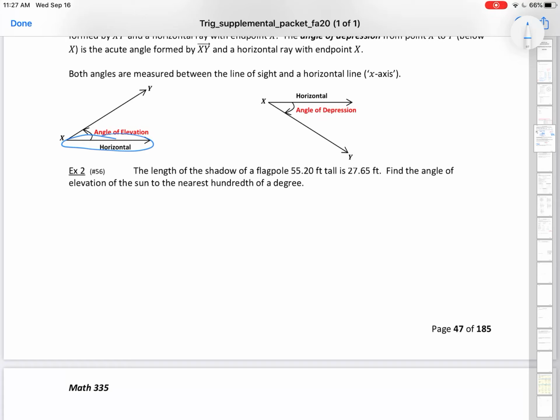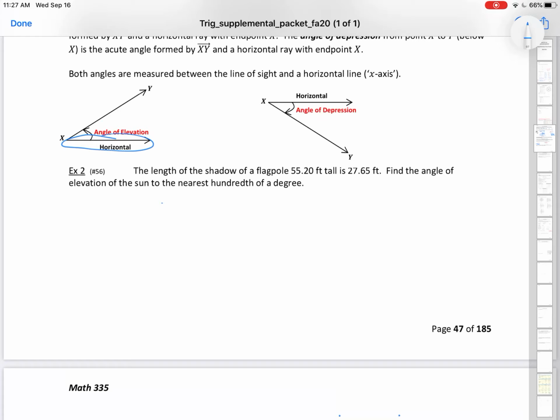It happens to be number 56 in the text. The length of the shadow of a flagpole 55.20 feet tall is 27.65 feet. Find the angle of elevation of the sun to the nearest hundredth of a degree. All right, so let's go find that guy.